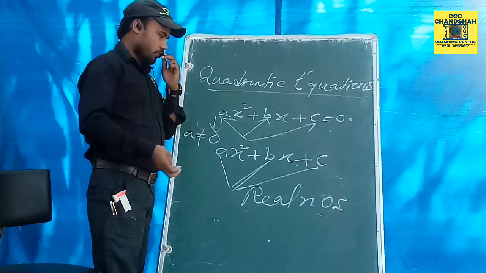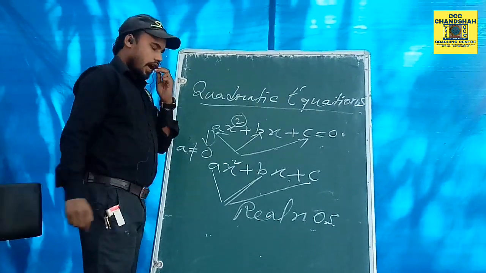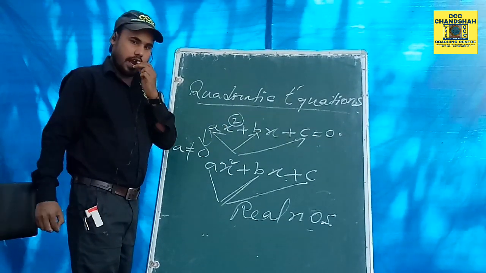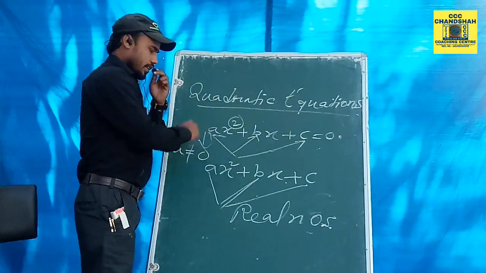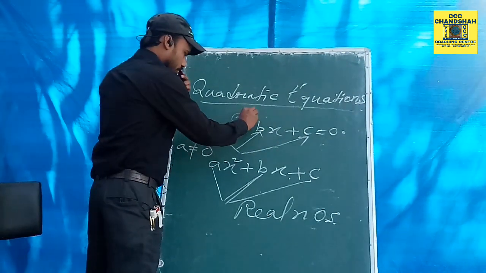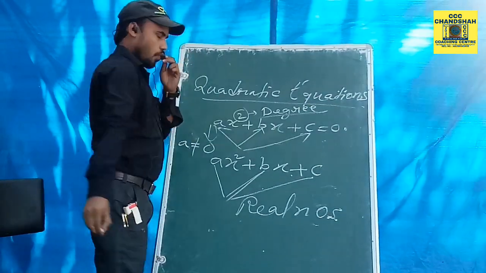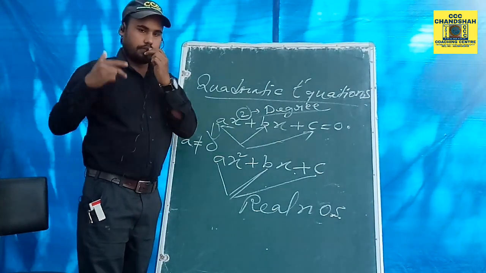Why is it called quadratic? The power of x, where x is multiplied by the coefficient a, is 2, and this 2 is called the degree. Now, what is a degree? Degree is the highest number of power.